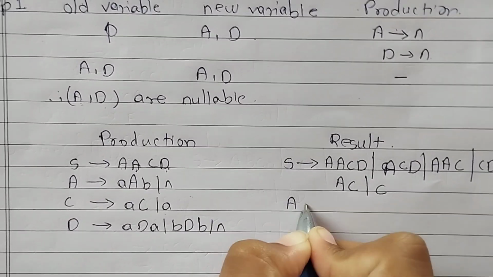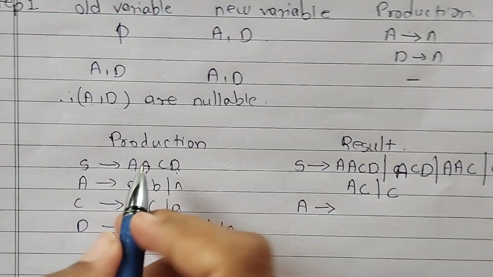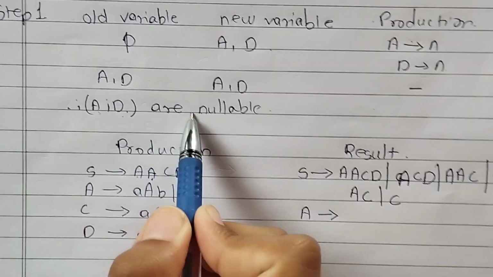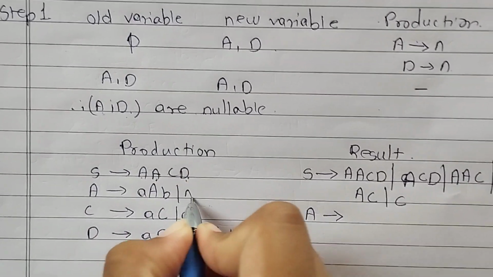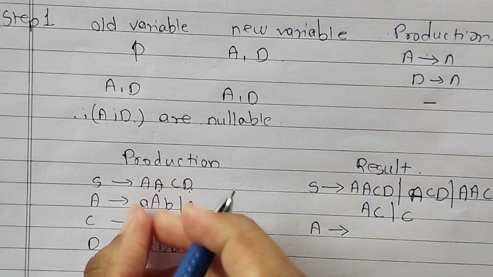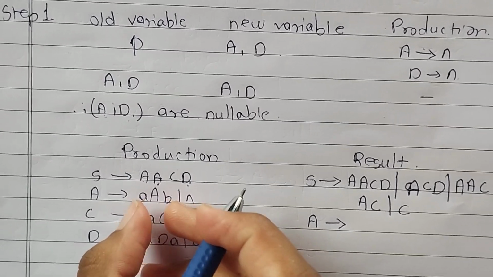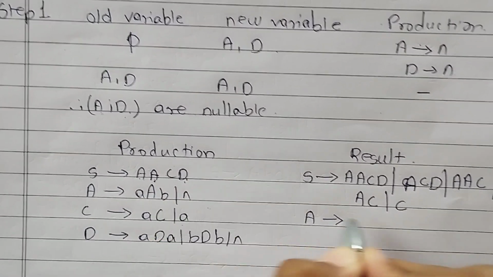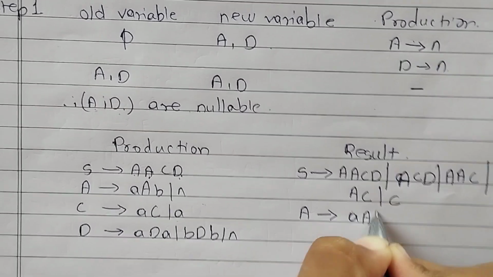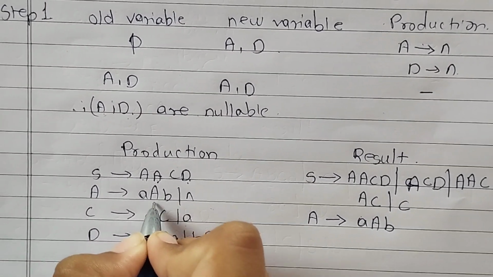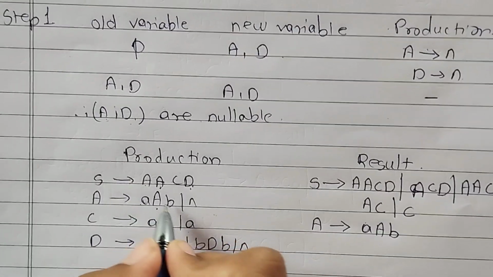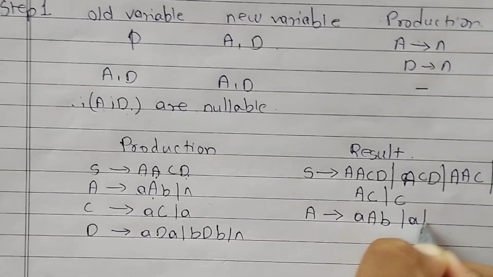Now we write for A. So A. Again this A and D is the nullable value. So first we do not write this null, and we form the combination of these three variables. First write as it is, A, B. Now let's suppose this A is not present, then simply AB is present, AB.